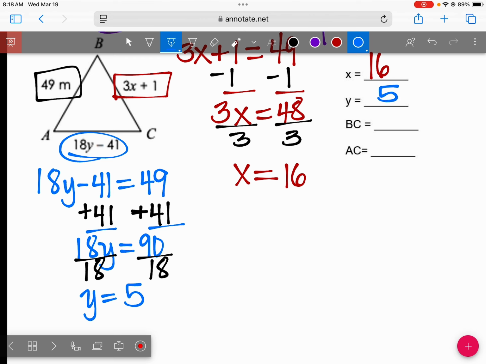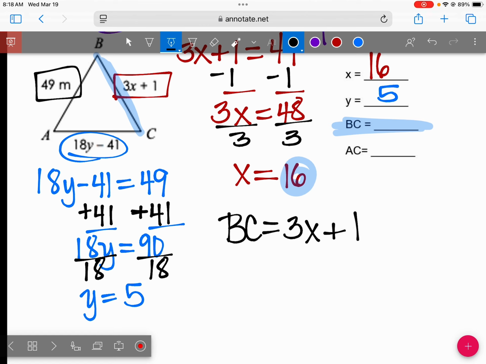Now they should equal 49, but let's verify it. So let's go ahead and take for our first side, which is BC, which is this side right here. And that uses x. So let's figure out the length of side BC. So side BC is 3x plus 1.